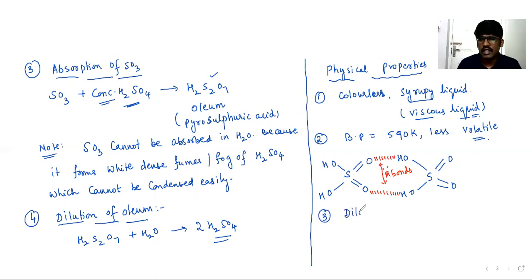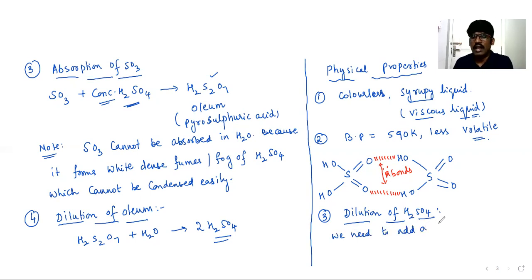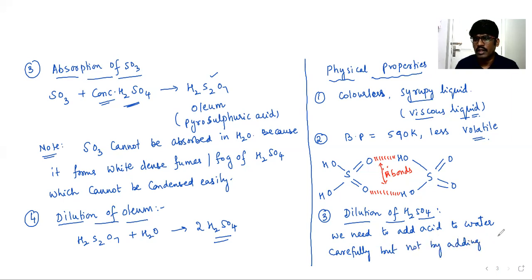And next, dilution of H2SO4. If you would like to convert a concentrated sulfuric acid to dilute sulfuric acid, we need to add acid to water carefully, but not by adding water to acid.